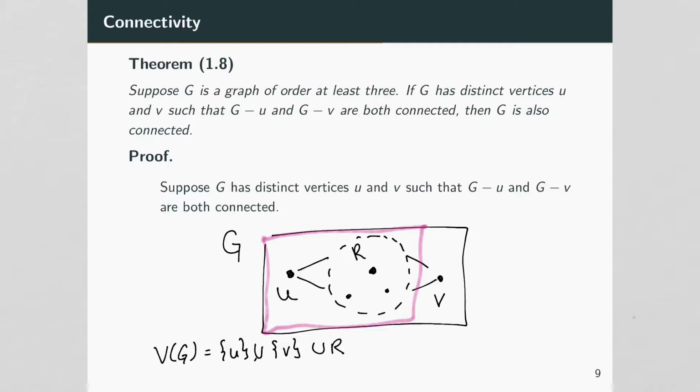And again, the vertices inside the R circle are somehow connected to each other, and U is connected to everything in that R circle. Because all of those things are connected in G minus V, and they don't use the V vertex, they're just using things inside the box, all those connections still exist in our full graph G.